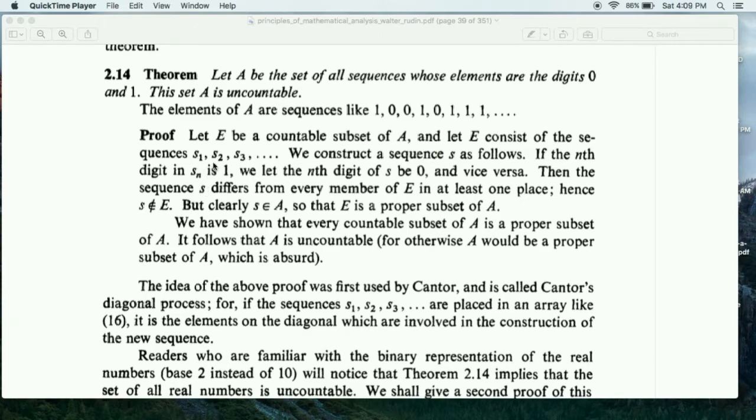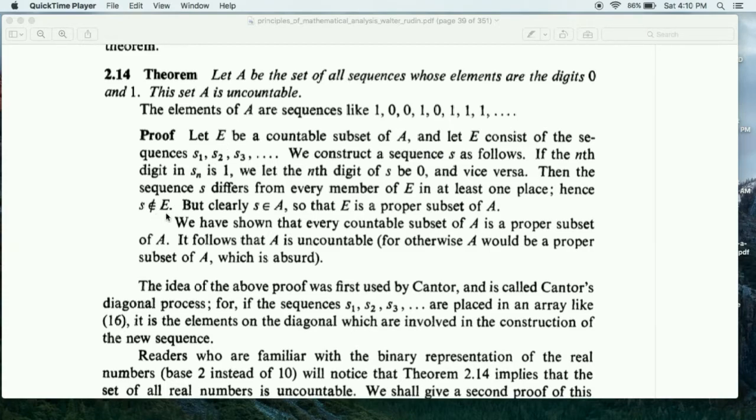S again is not equal to S2 because even if all the other entries of S were equal to S2, the second entries of S and S2 are not equal because they are opposite of each other. Similarly, the third entries of S and S3 are not equal because they are opposite of each other. If this were 1, this would have been 0. If this was 0, this would have been 1. So S differs from every element of E in at least one place.